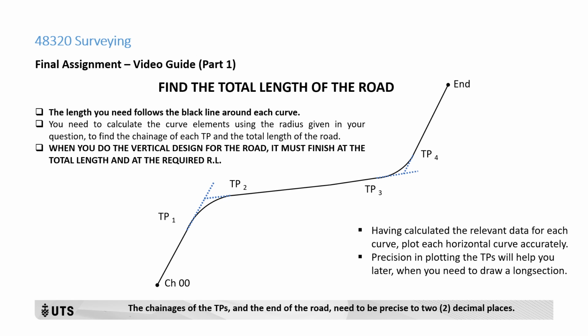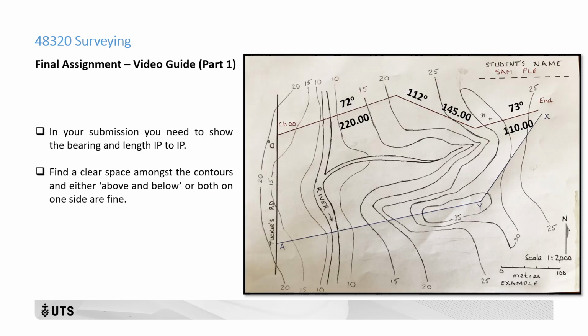Okay, plotting the curve is important, as we've said, and the changes of the TPs and the end of the road must be precise to 2 decimal places. So, in your submission, you need to mark up your plan showing the bearing and the length IP to IP. Now, look, I've marked it up here, 220.00, 145.00.